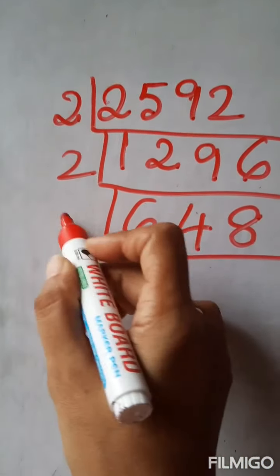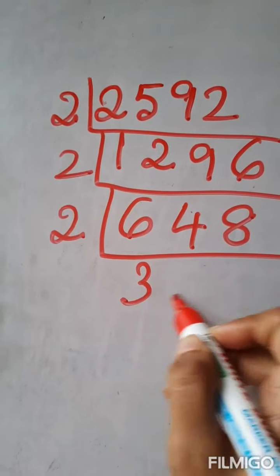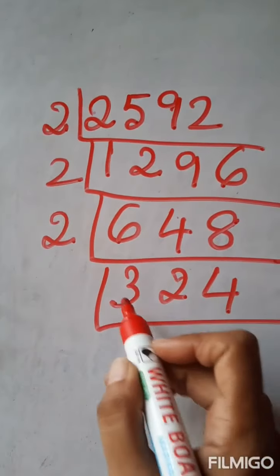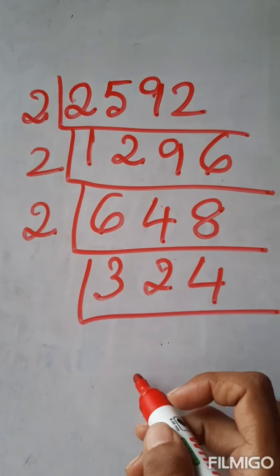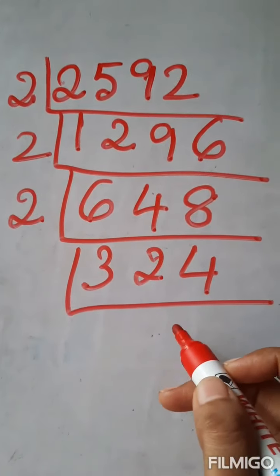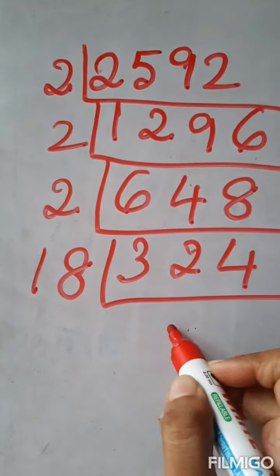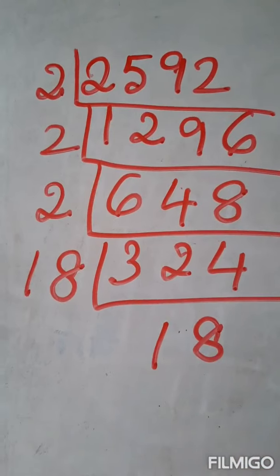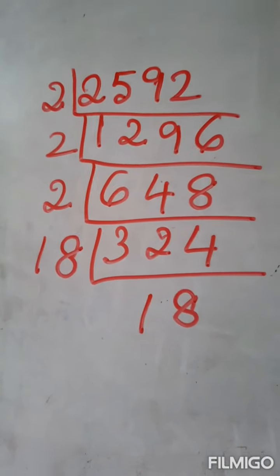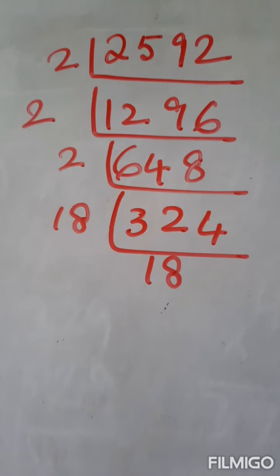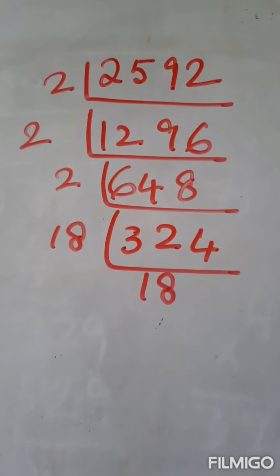Again it is an even number, so we divide by 2. We get 324. 324 is a square number, so we can directly divide it by 18 and find out the unpaired number.